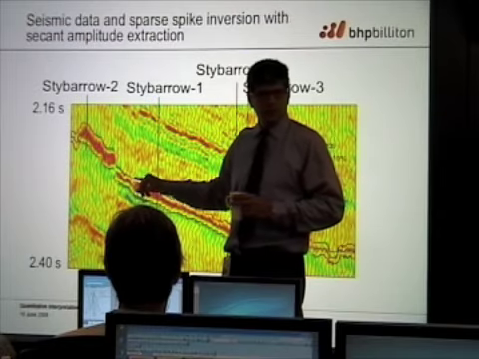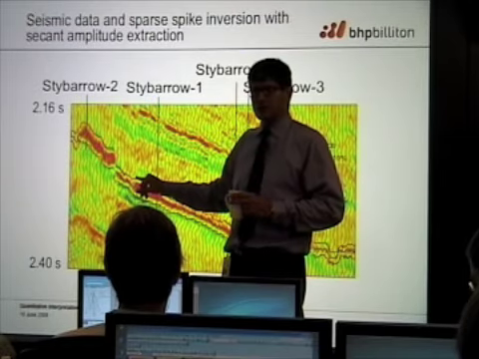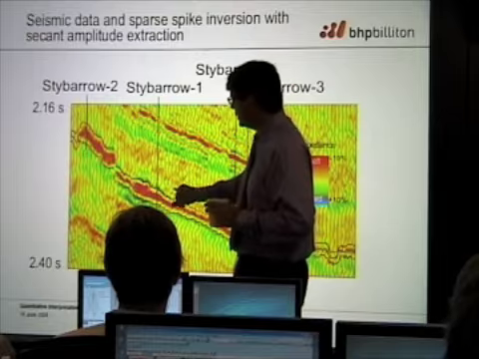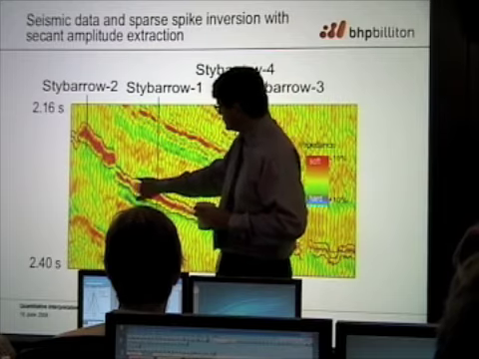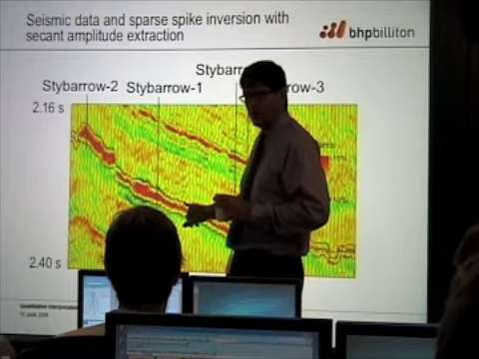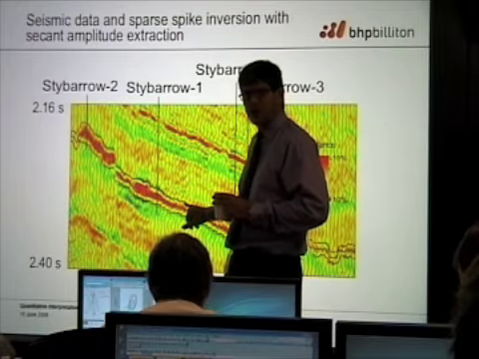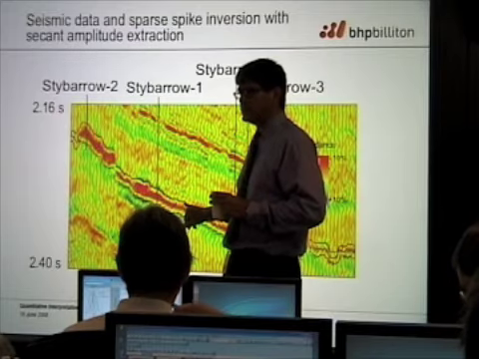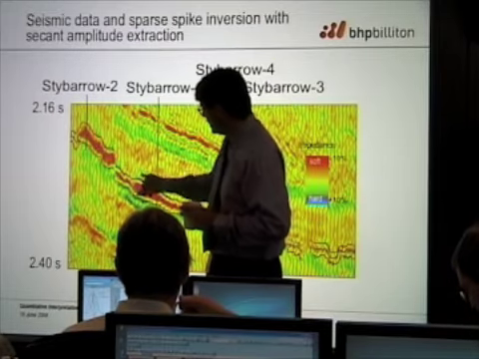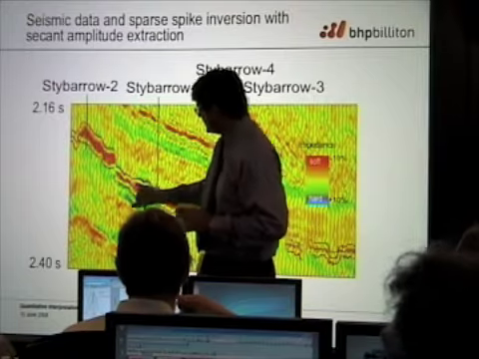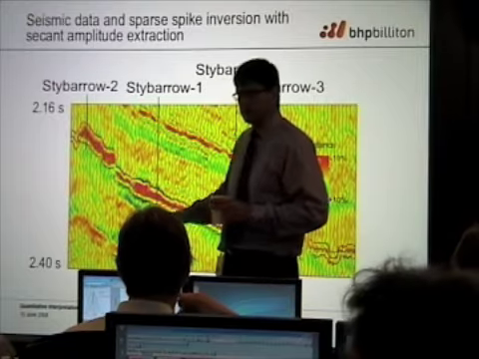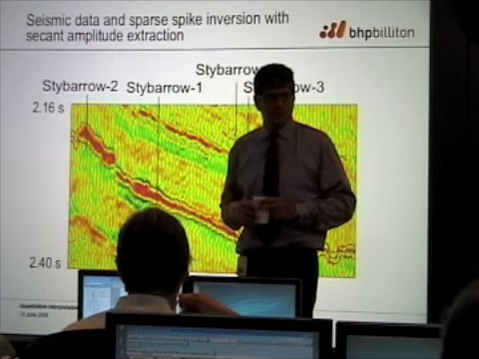For interpreters, I think this makes your job easier, because these hard streaks are normally associated with shales or sequence boundaries, and tend to be more laterally continuous and easier to pick than the more nervous sand deposition in between these sequence boundaries.